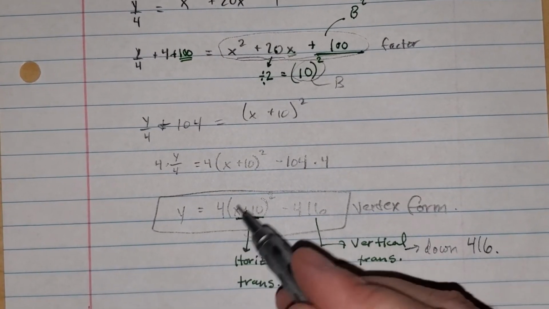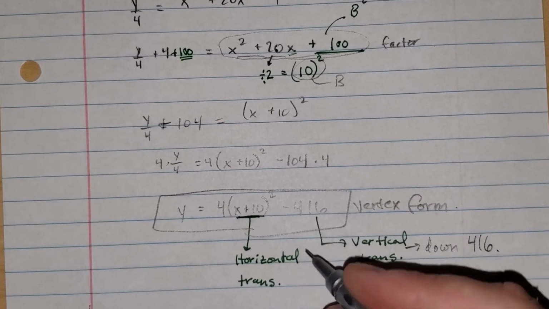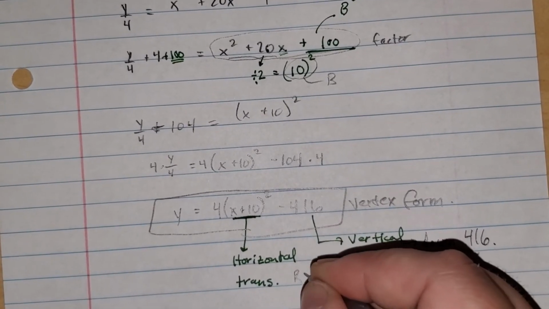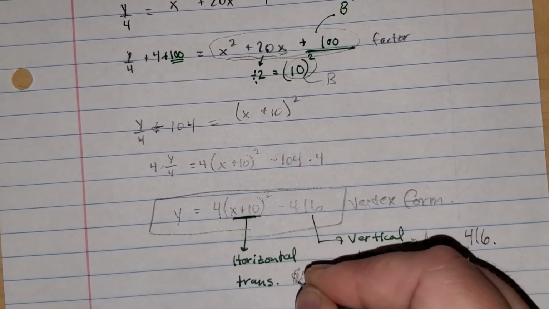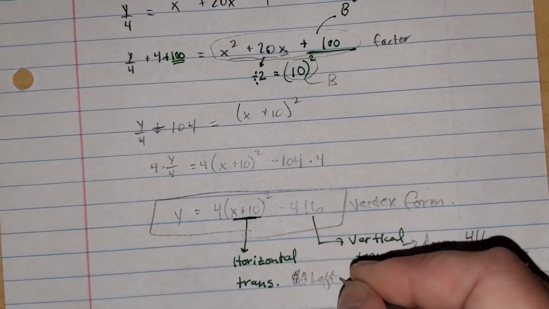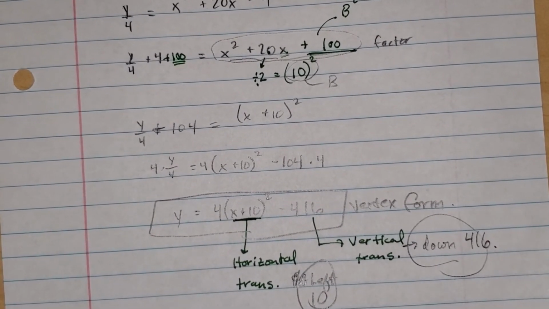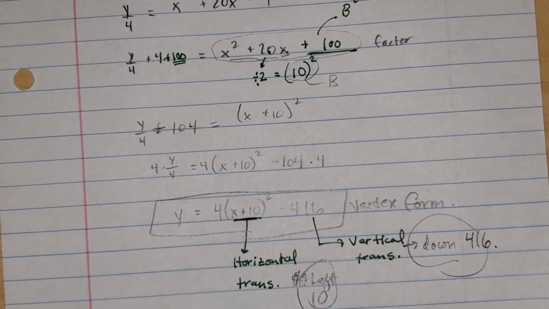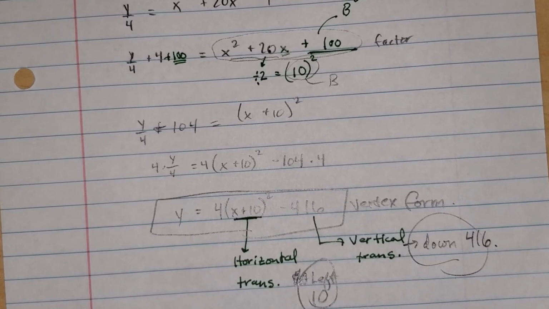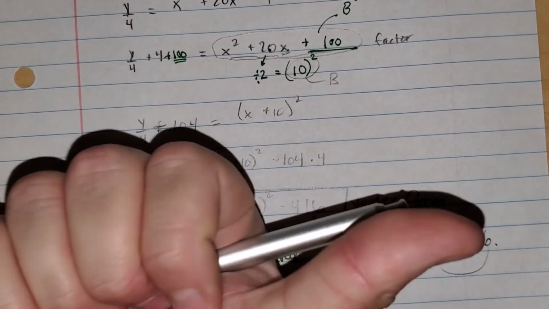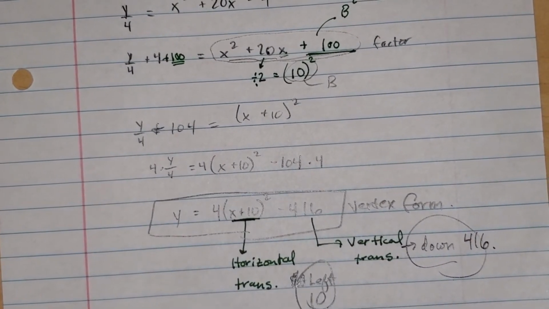And then x plus 10 quantity squared is going to be to the left 10, because horizontal translations, anything that's grouped with x, always go backwards. So plus 10 would be to the left. It's going to be backwards.